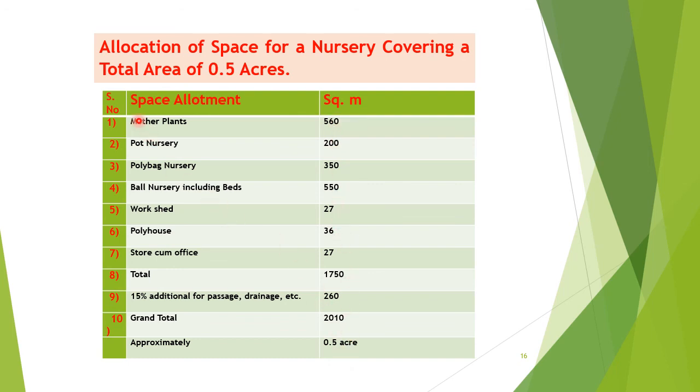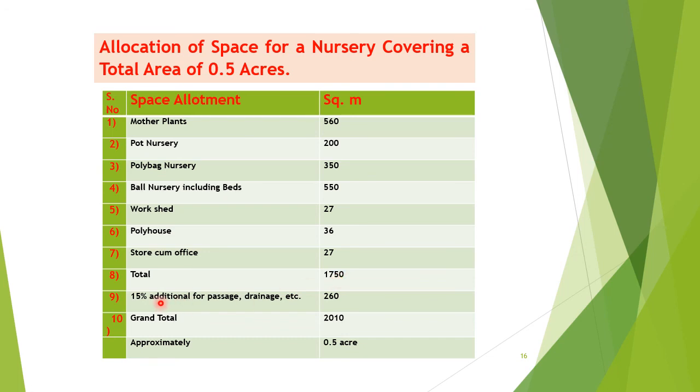Suppose the mother plant area, the mother block, is very important. 560 square meters you are keeping. Pot nursery 200, polybag nursery 350, and ball nursery including beds 550. Work shed 27 square meters, polyhouse 36, store cum office 27, and the total is 1750 square meters.